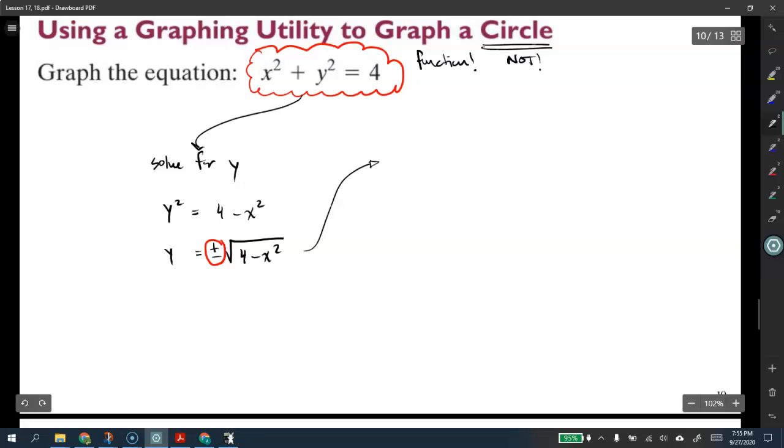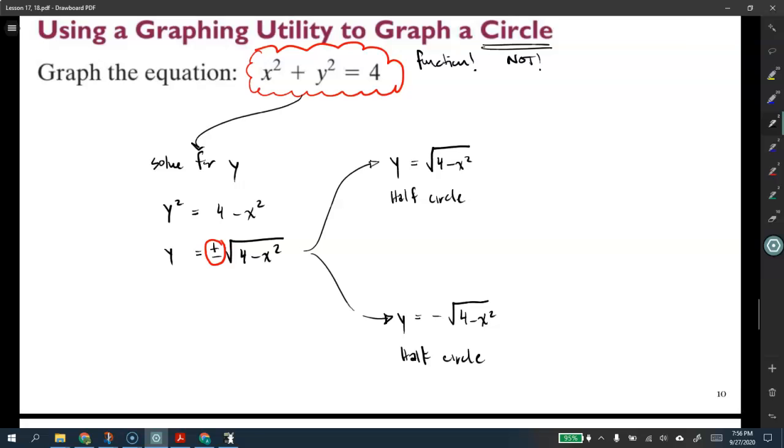It's going to be two outputs for the same input, and that doesn't make sense for a calculator. It cannot compute that. So instead you separate these and make one of them a positive and one of them a negative, like this over here. So it's still the same square root of 4 minus x squared, but you put it into a positive and a negative. Basically what this is going to do is create half circles for you, and altogether you can treat those half circles as a full circle as you're looking at them.